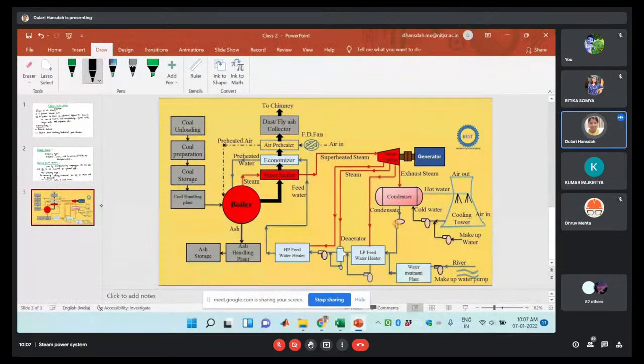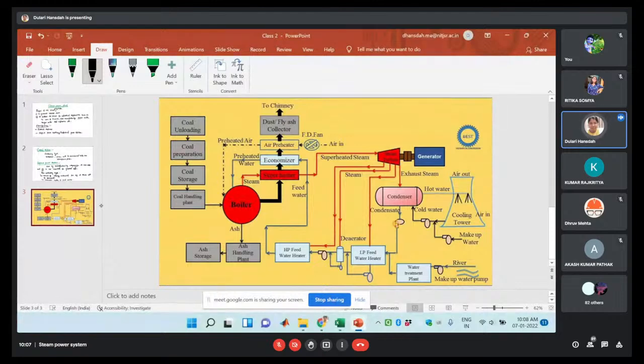The condensate will be formed with the exchange of heat with the cold water. Here you can see the hot water from the condenser will be cooled in the cooling tower, and that cold water again will be supplied to the condenser. Then that condensate will be fed to the boiler by following this line.